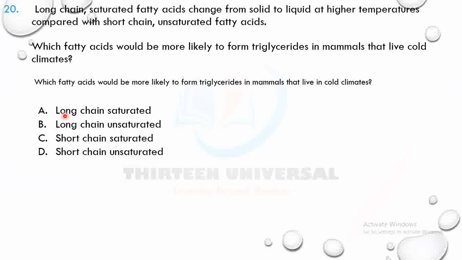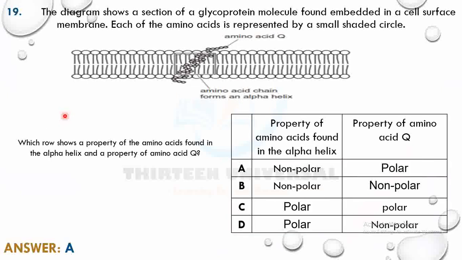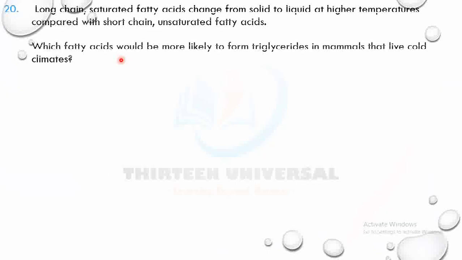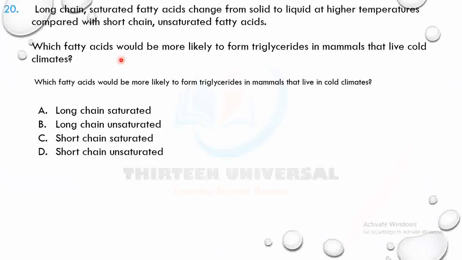If you go back to the membrane and look at it, longer chains will be packed closer, so there will be less gaps between them, and if there are fewer gaps, there'll be less fluidity. But the shorter the chain, the more fluid, and we need the membrane to be fluid so that it does not get frozen.